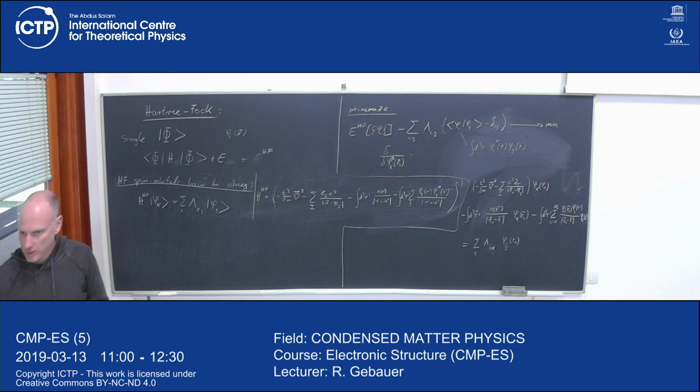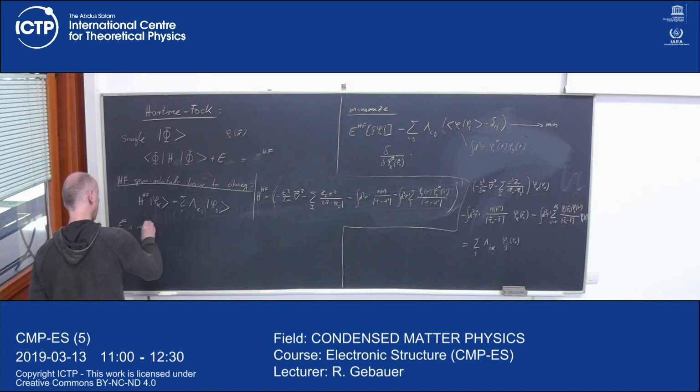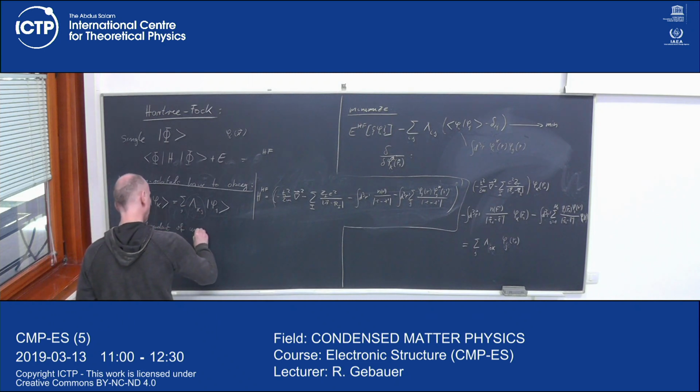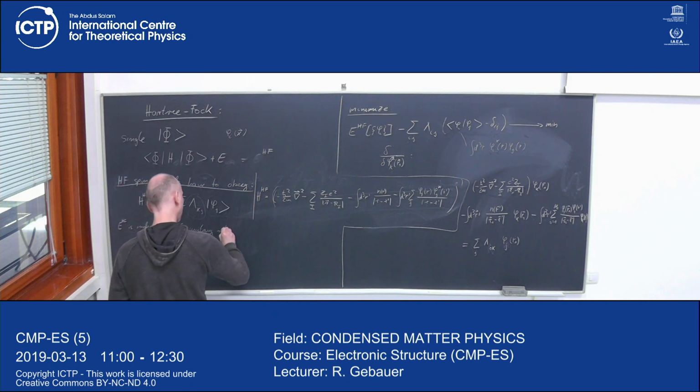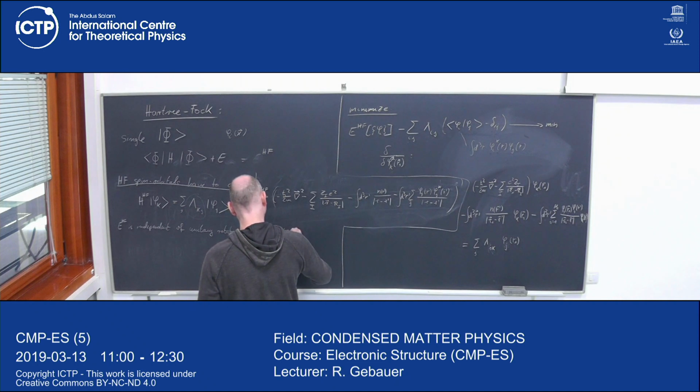So one thing which I cannot show you, but which I just tell you, is that the Hartree-Fock energy is independent of the unitary rotation amongst our phi I orbitals.